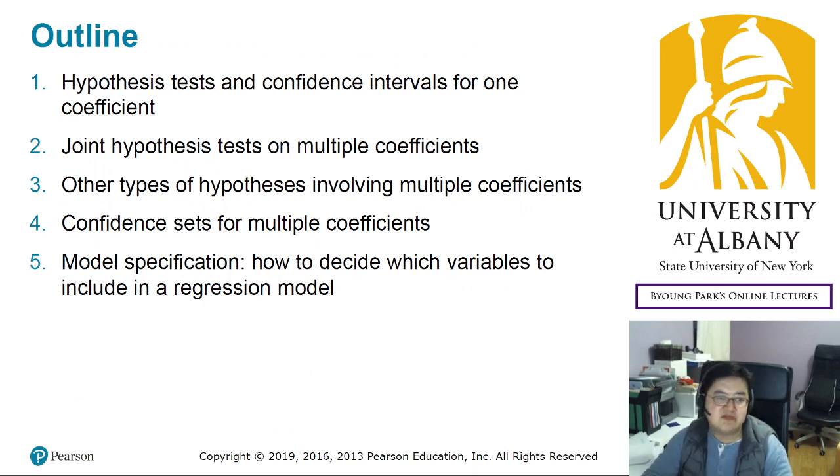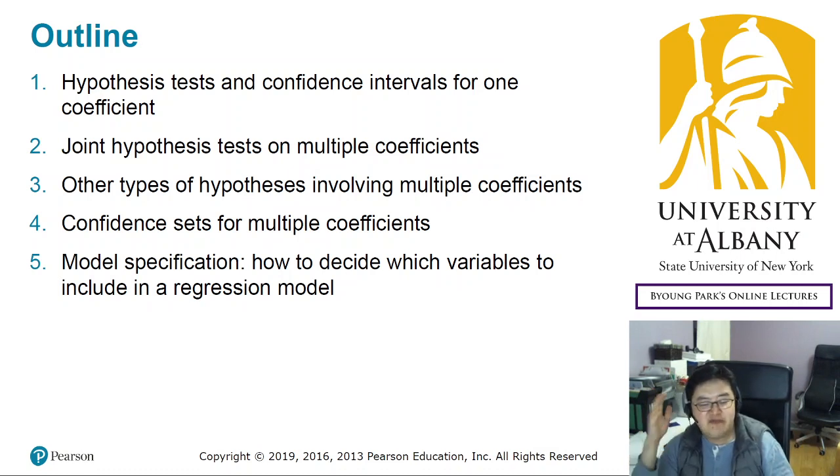So the names look very difficult. Yes, they are difficult, but I'm not going deep in theory. I'll try my best to give you the intuition why we are doing this, what we want to do, and how we can extend the simple idea to multiple regressors.